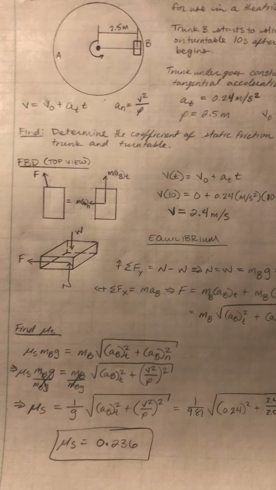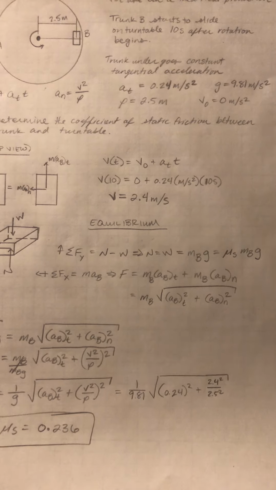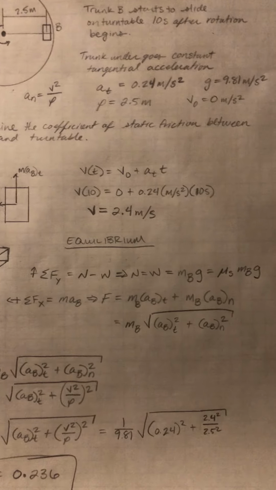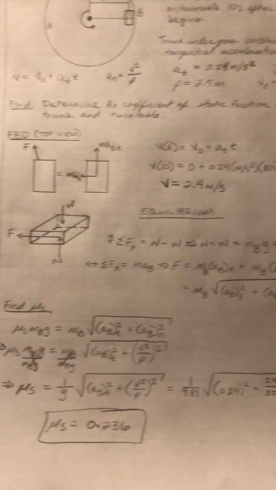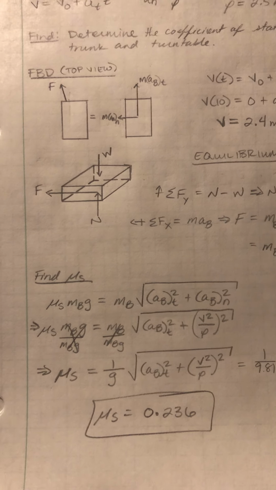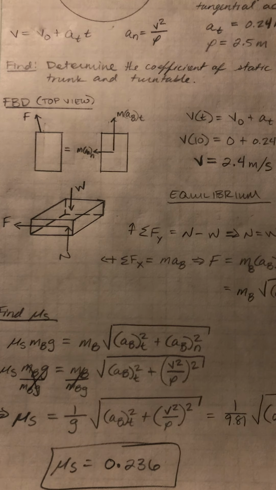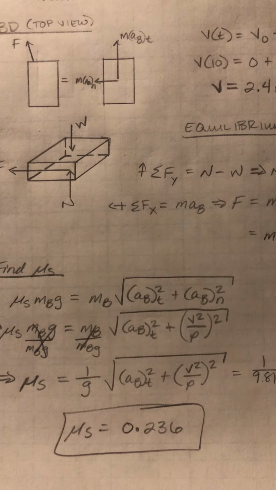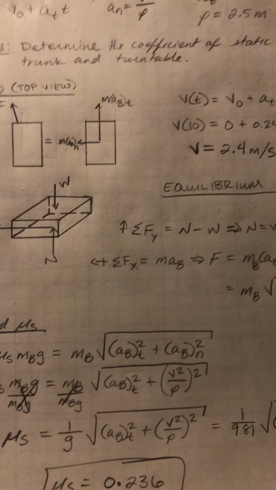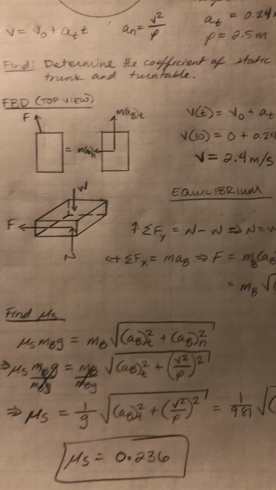Continuing to use free body diagrams and our equilibrium equations, we are able to find that, and setting these equal to each other, to find the static friction, we have mu s times the mass of the trunk times gravity is equal to the mass of the trunk times the square root of the acceleration in the tangential direction squared and the acceleration in the normal direction squared.